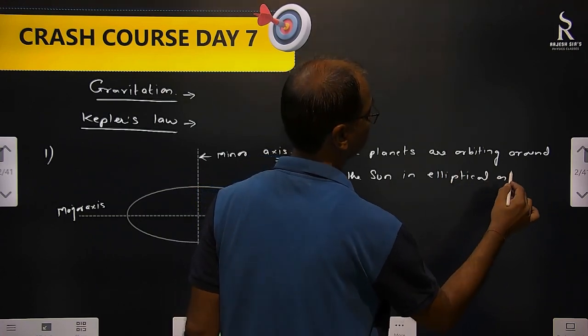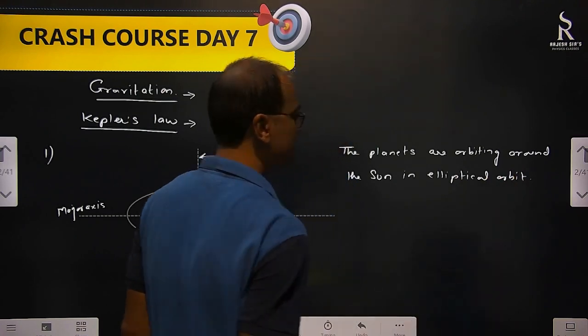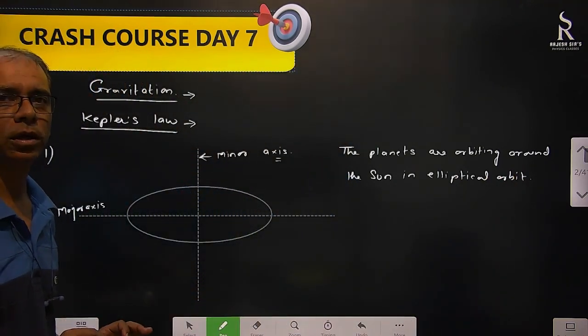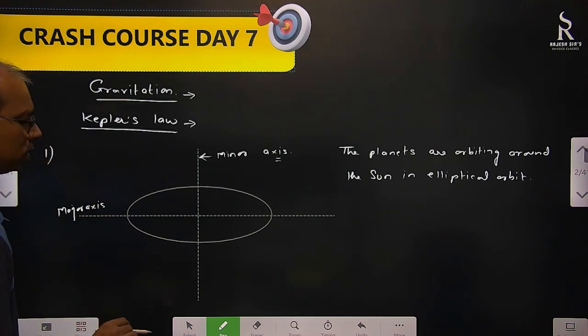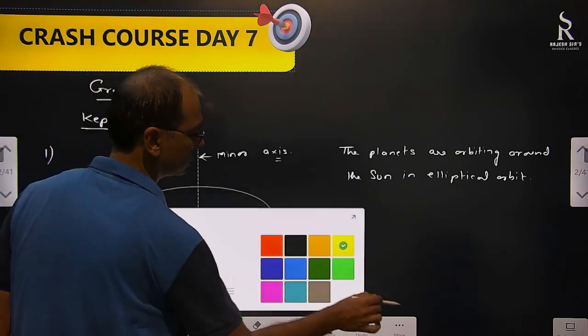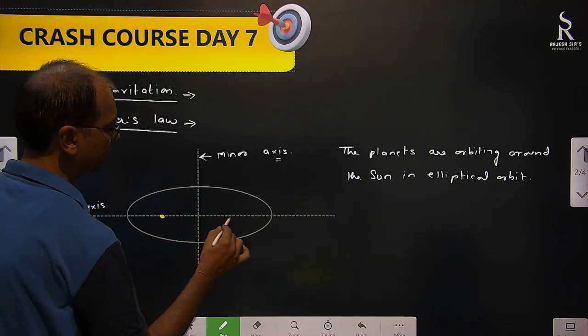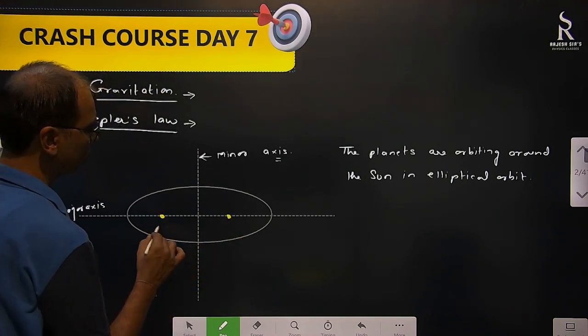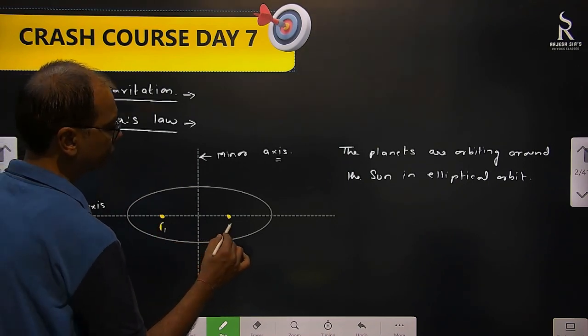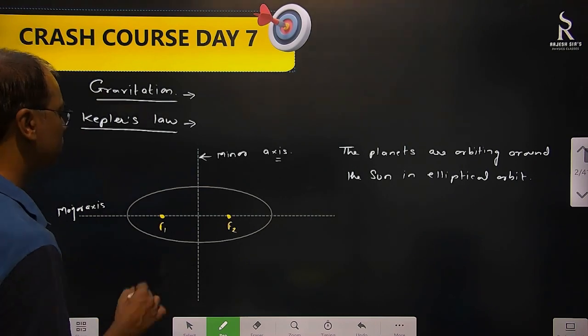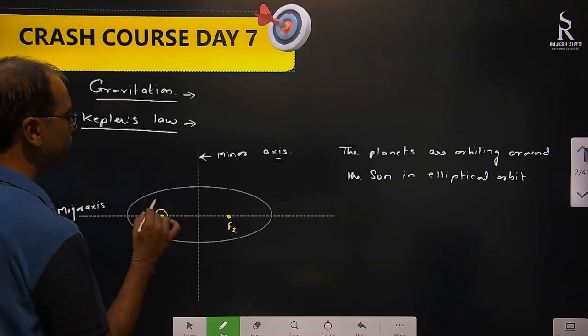Then what is the other point? The other point is that the sun is at one of its foci. Foci means focus. There are 2 foci here, one here and one here, say F1 and F2. You can place the sun at either focus, so we are placing it here.